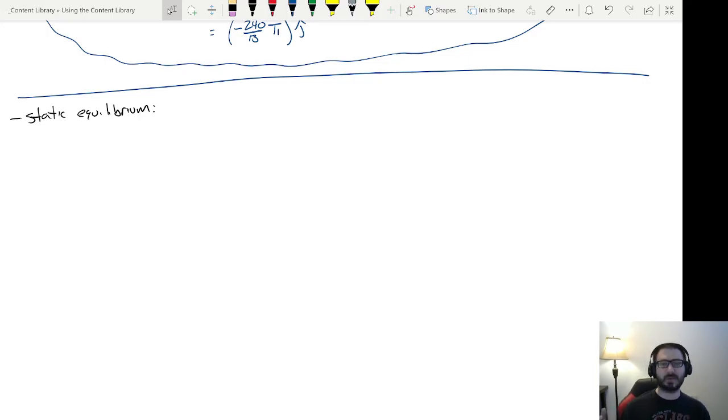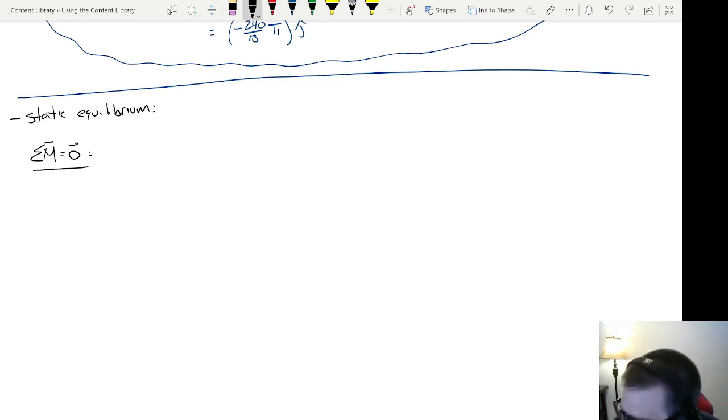So let's look at static equilibrium. Like I said in the very beginning of the problem, it is usually always advantageous to sum moments first. So let's handle sum of moments equals 0. Okay, so let's see what happens. Now I'm going to write each of my moment vectors.